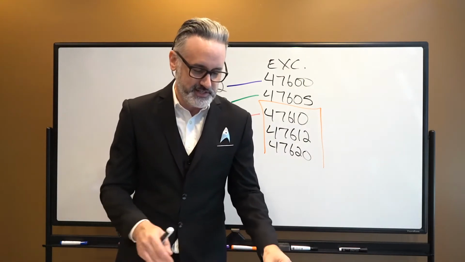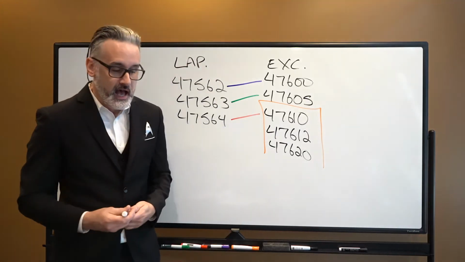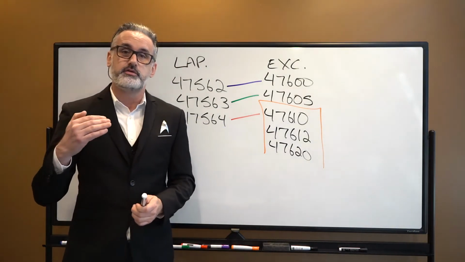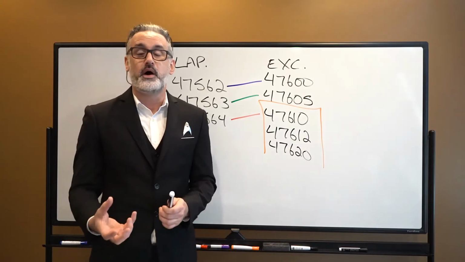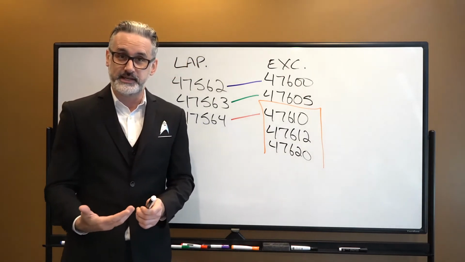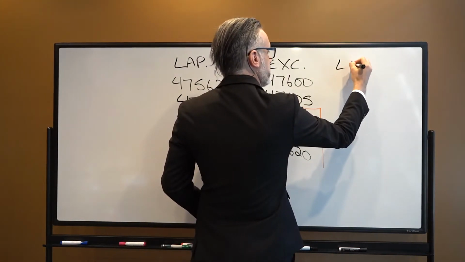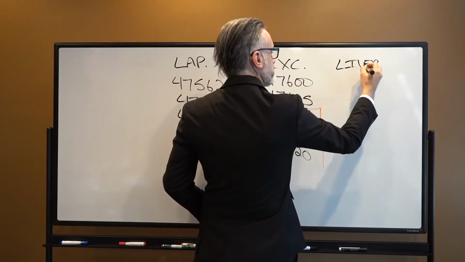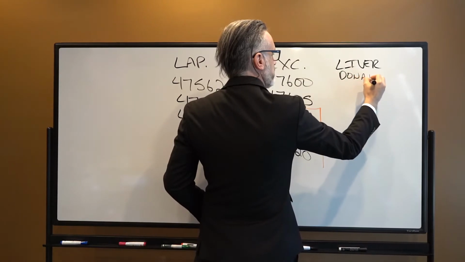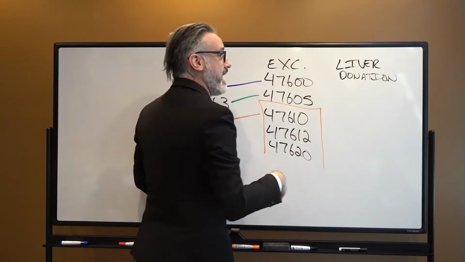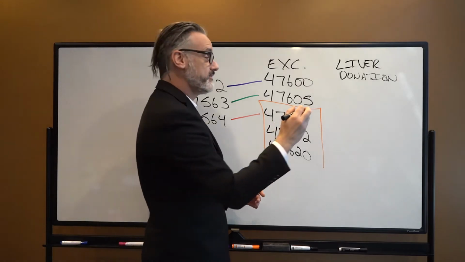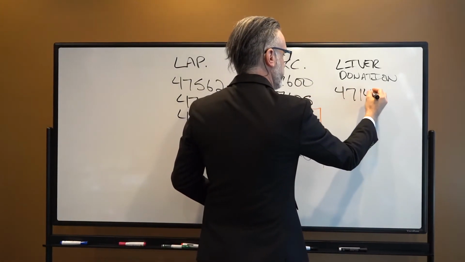And like I mentioned though, there is the one code that we have the possibility of if we are removing the gallbladder while a patient is having their liver donated. And I'll put over here during a liver donation. And that would be the code 47143.